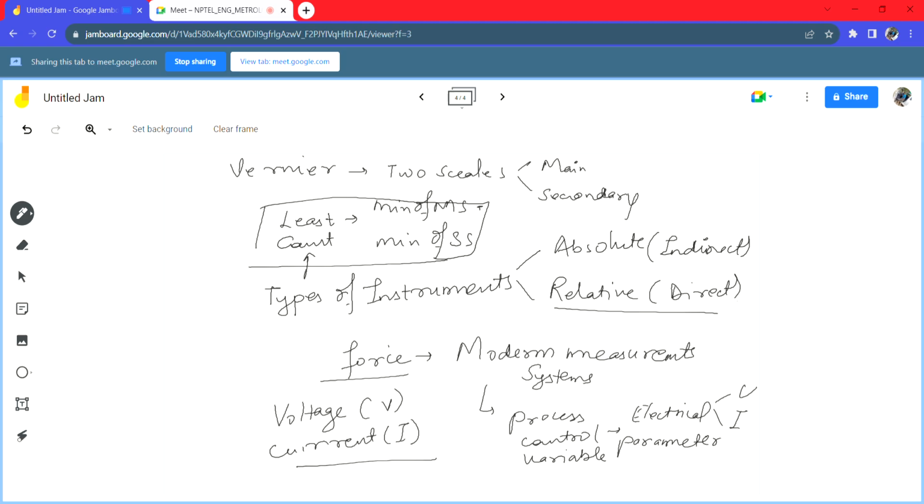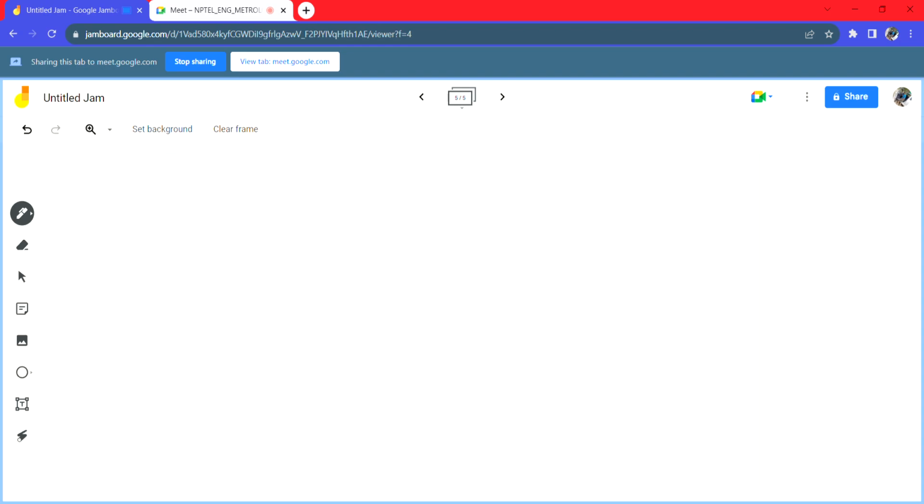Now, if I have to measure the force, I need to go through a process called calibration. Calibration means we are getting the output of the sensor or the process control variable as an electrical quantity called voltage.